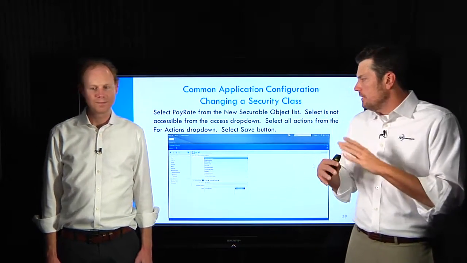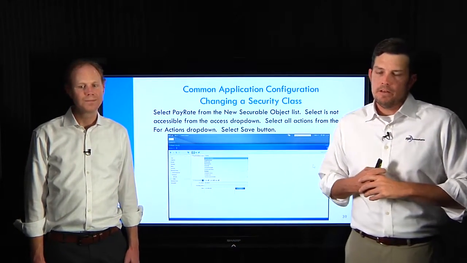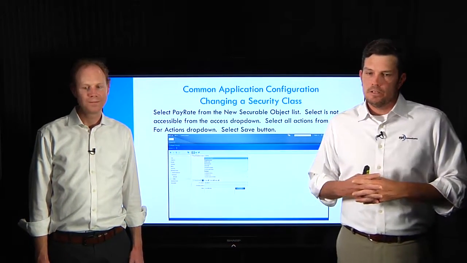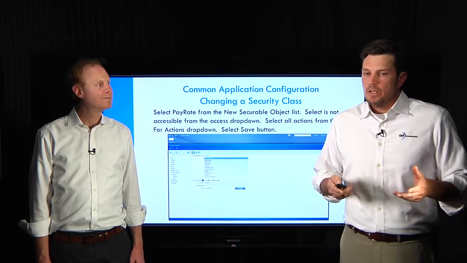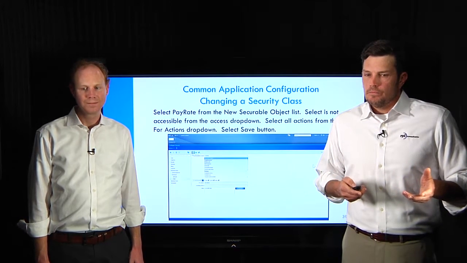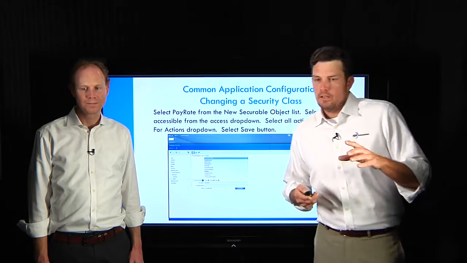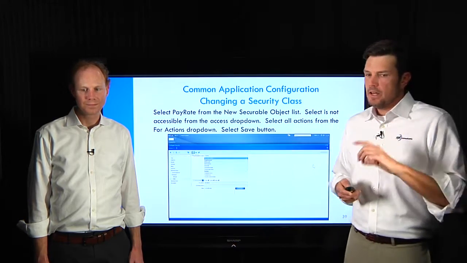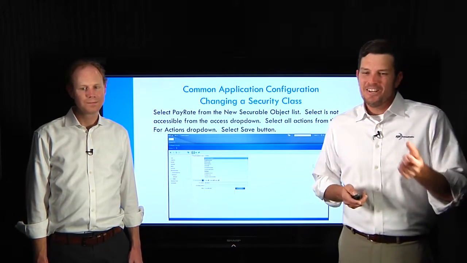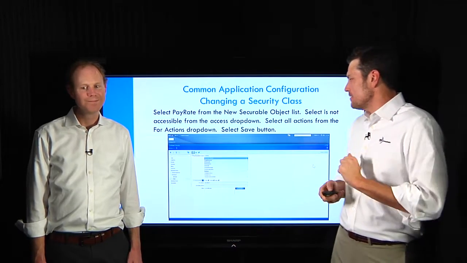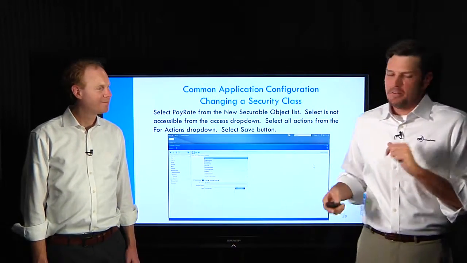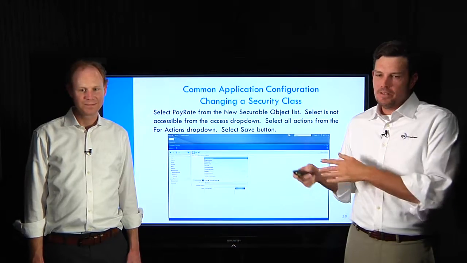When we select new, it's going to come up with a drop-down, and then we're going to select pay rate from the new securable object list. Then we're going to select is not accessible, which is actually the drop-down for past, present, and future.